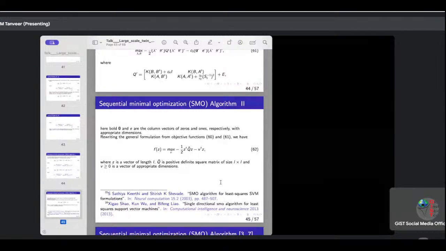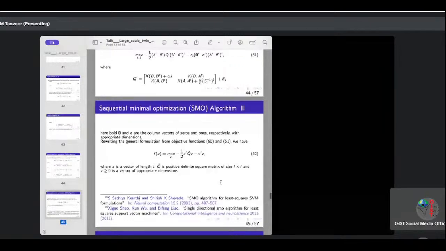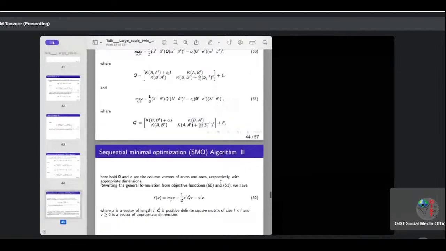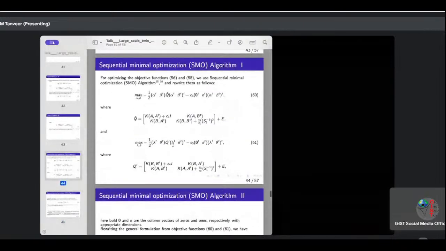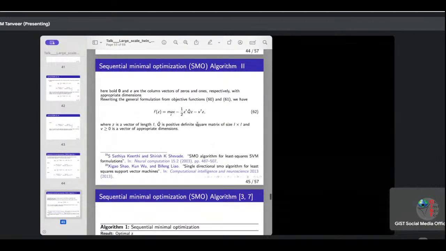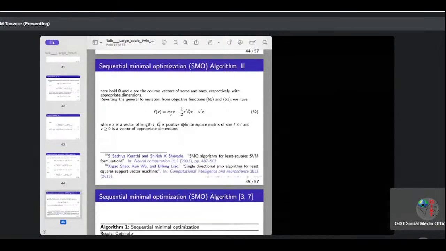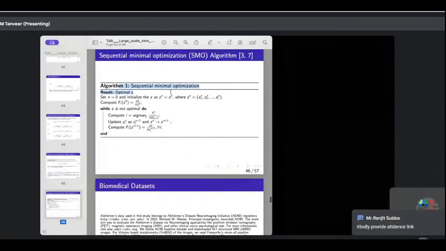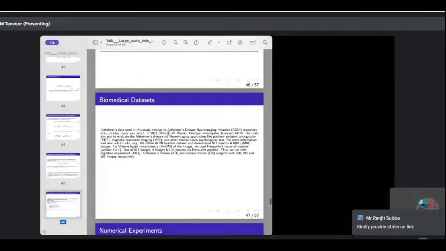So we incorporate the same algorithm for our proposed idea because it is relevant, and we reformulate in the same manner and then use it. We have written a general formulation for our problem. So you can see that this is the SMO algorithm for this one.